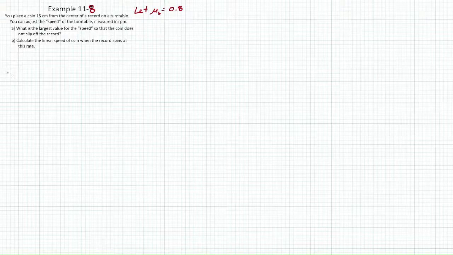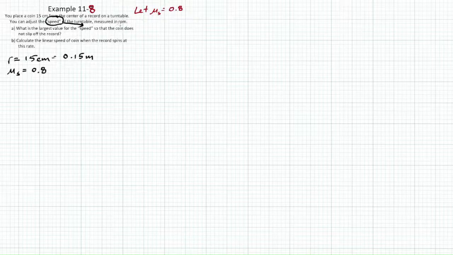Okay, so we have a radius of 15 centimeters. And we all know to convert that to meters, 0.15 meters. And our coefficient of static friction is 0.8, and there's no units right there. And we want to find the largest speed, or in this case, speed doesn't necessarily mean velocity.